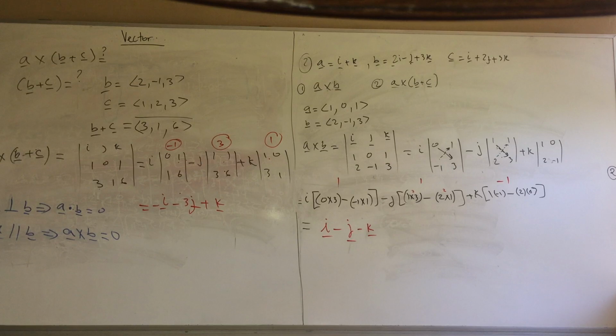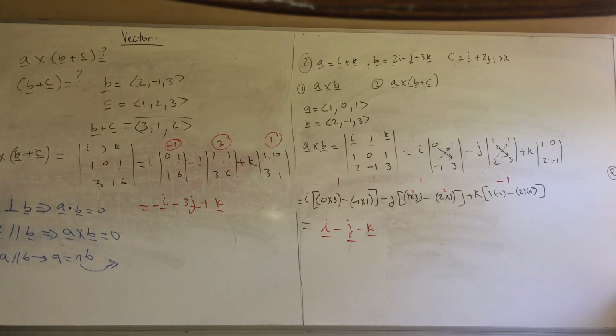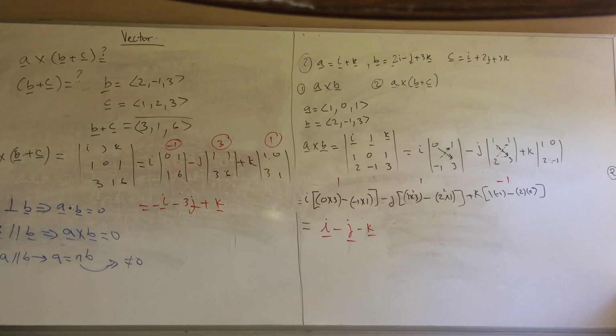Also, there's another formula for parallelism. It means A is parallel to B if A equals nB, where n is different from 0. Alright?